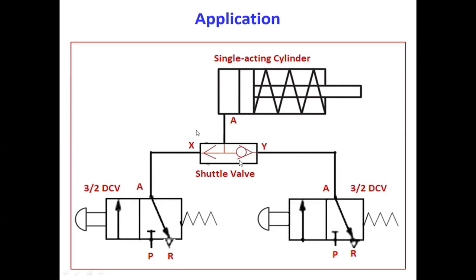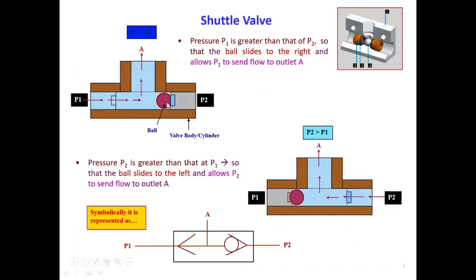This is the function of the shuttle valve. Same as before: shuttle valve P1, P2. Pressure P1 is greater than that of P2, so the ball slides to the right and allows P1 to send flow to outlet A. See here, pressure P1 is higher, so the ball goes to this side and closes this, so fluid enters like that.